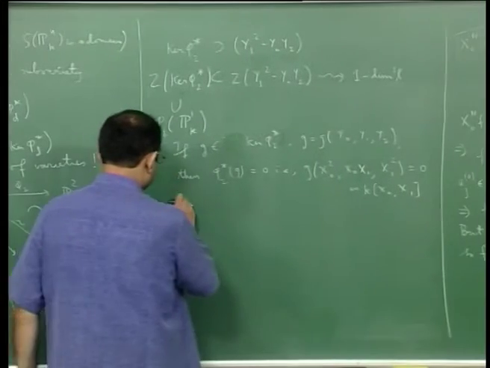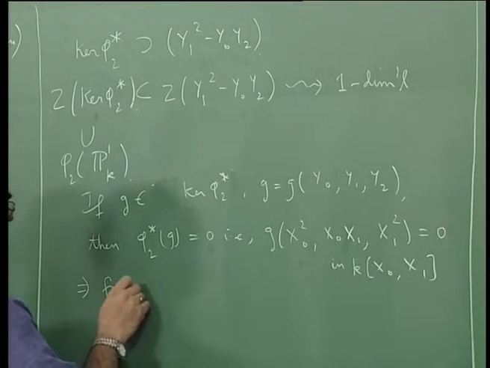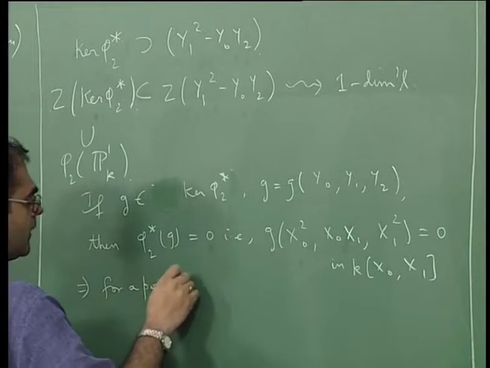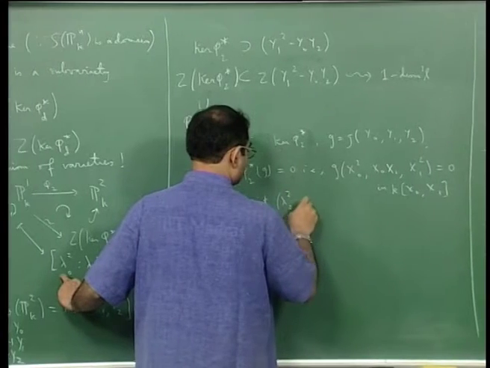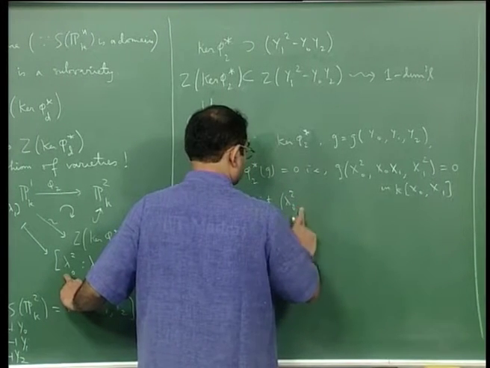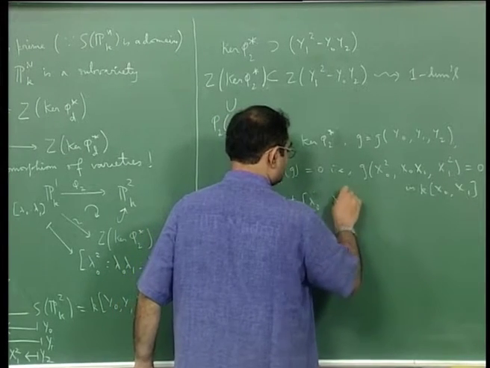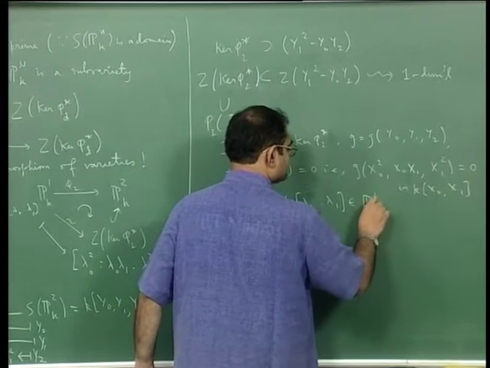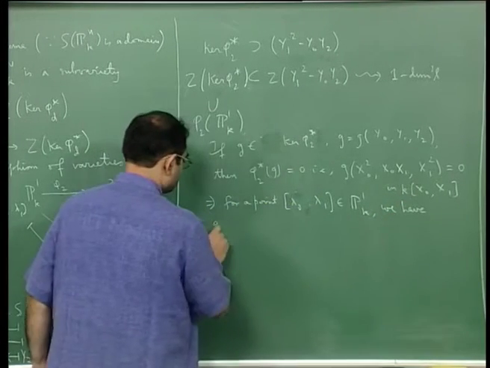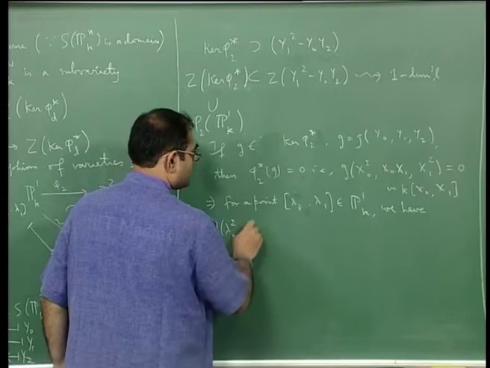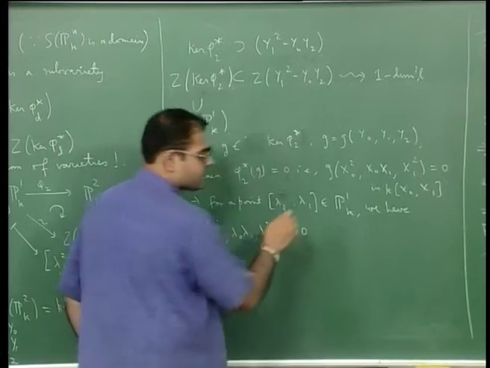So this implies that if you take a point lambda naught, lambda 1 of this P1, we have G of lambda naught squared, lambda naught lambda 1, lambda 1 squared is 0.